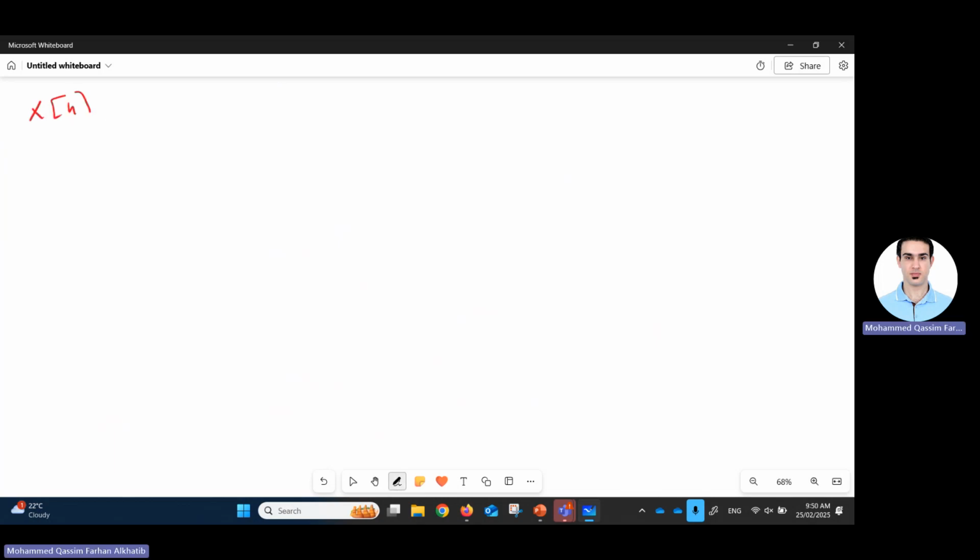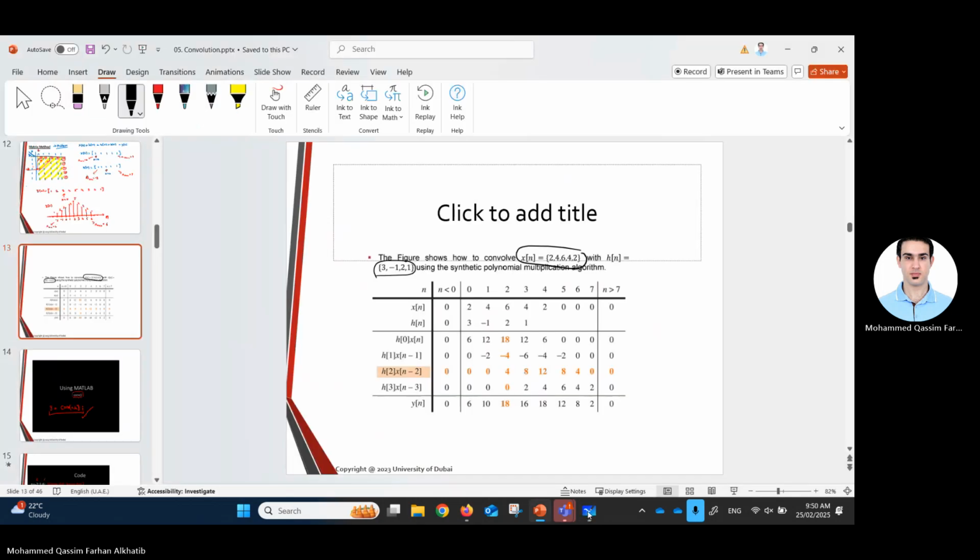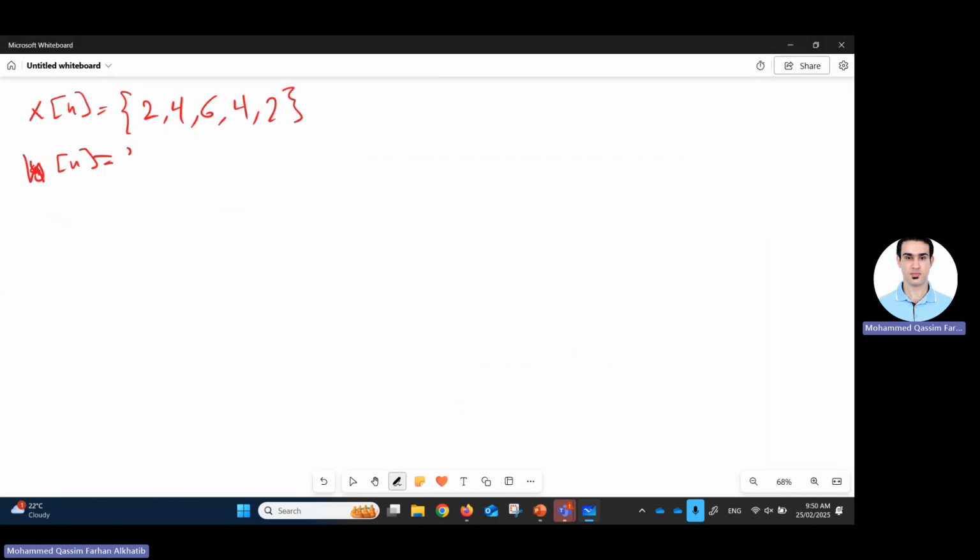x of n is 2, 4, 6, 4, 2, and h of n is 3, negative 1, 2, 1.